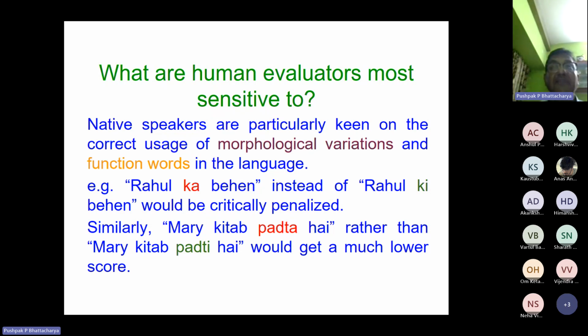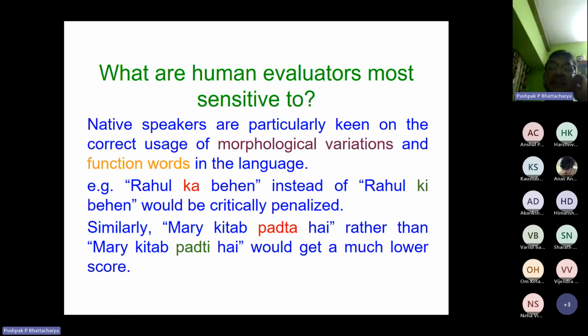Even if we tell the human evaluators repeatedly to keep fluency and adequacy independent of each other, not to be biased by one for the other, they are not able to do so. So this is an important observation, and we found a high correlation between fluency scores and adequacy scores.